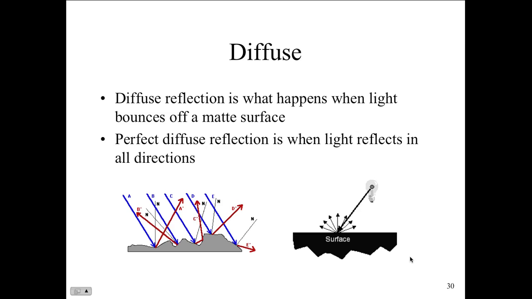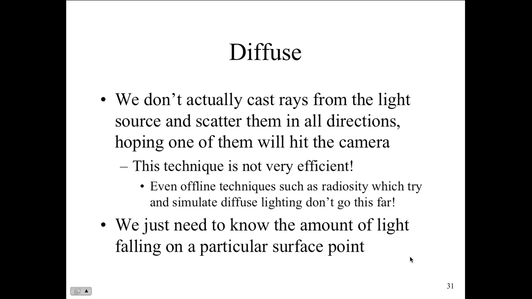We can't really find a single source of where it's bouncing, and there's no bounce really. So it's perfect diffuse reflection when the light reflects in all directions, and there's no single point. We don't actually cast rays from the light source and scatter them in all directions, hoping one of them will hit the camera. This technique is not very efficient.